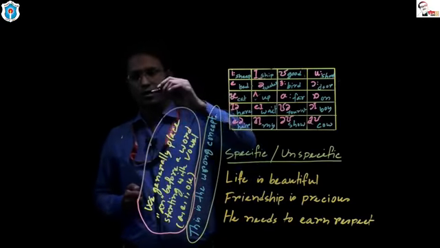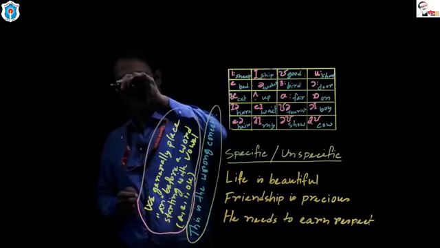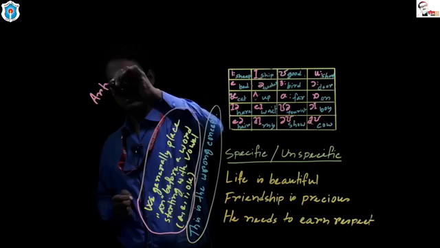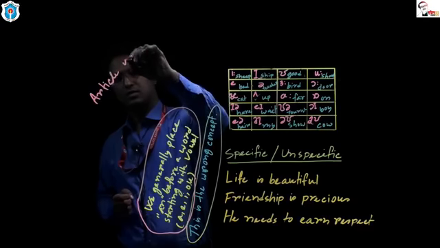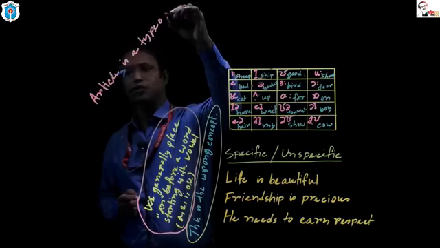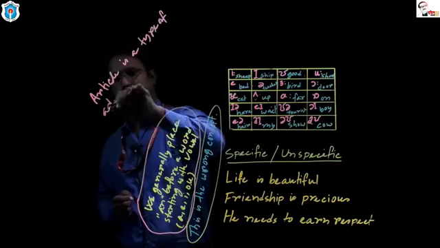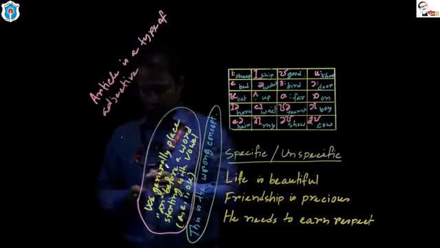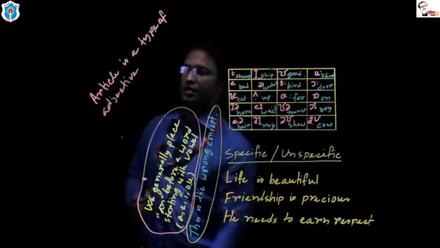Okay, the definition of article. Article is a type of adjective. Then what type of part of speech is article?